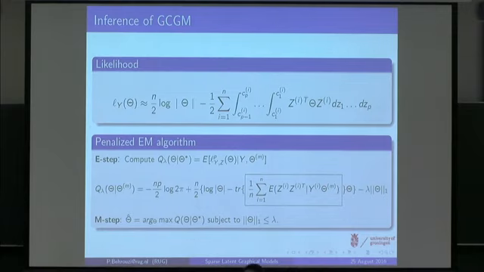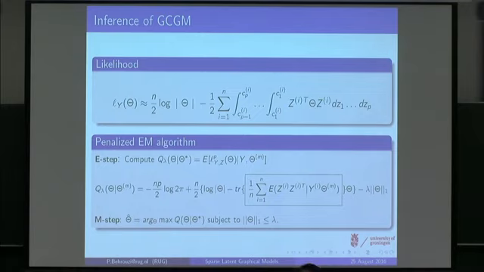So we address this issue by using a penalized EM algorithm. In the penalized EM algorithm, we use the Q function. The penalized Q function is the expectation of the joint likelihood given the data and the updated version of the precision matrix. The M step is the maximization step, in which we update theta in each step. We are working in high dimension and are interested in exact shrinkage.